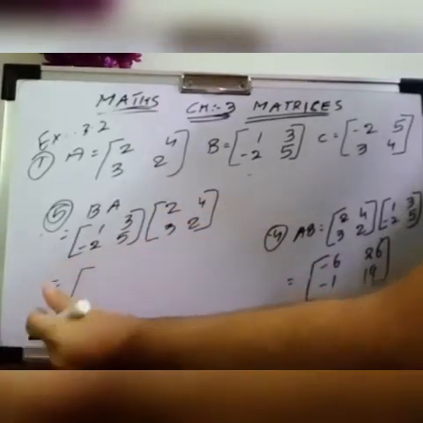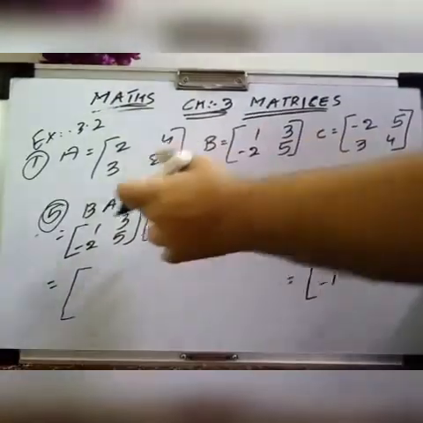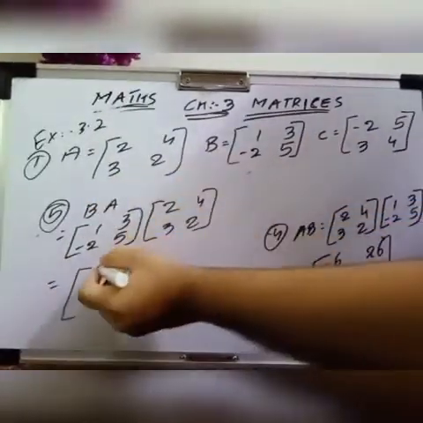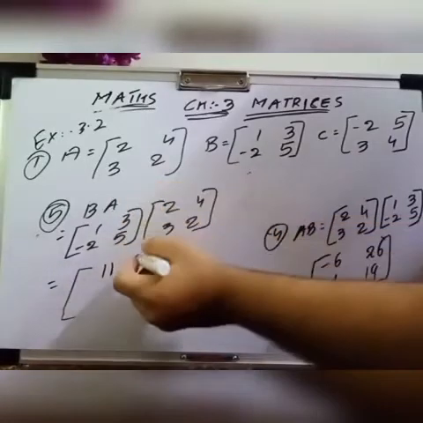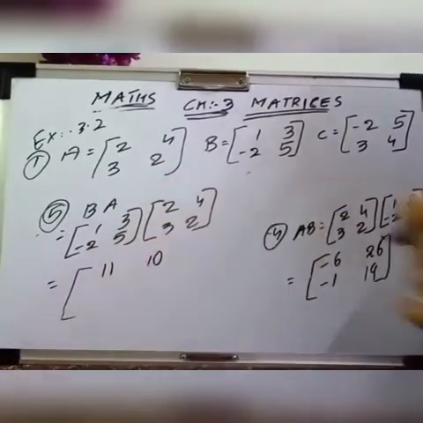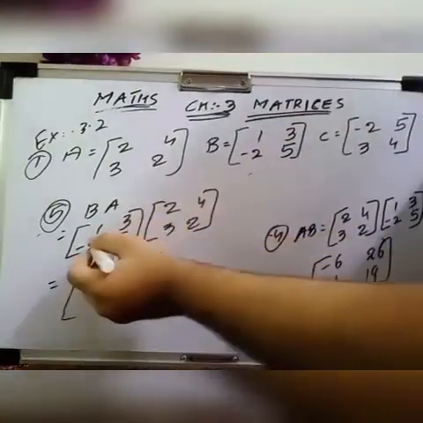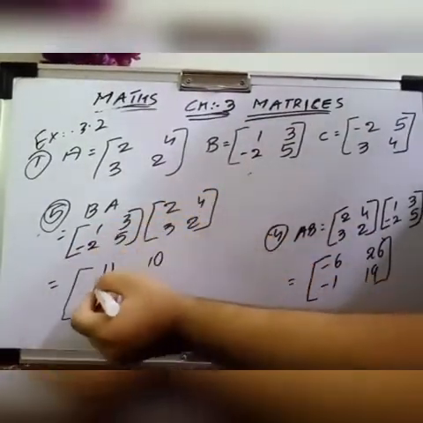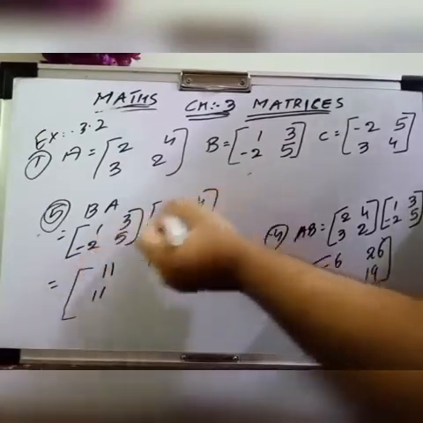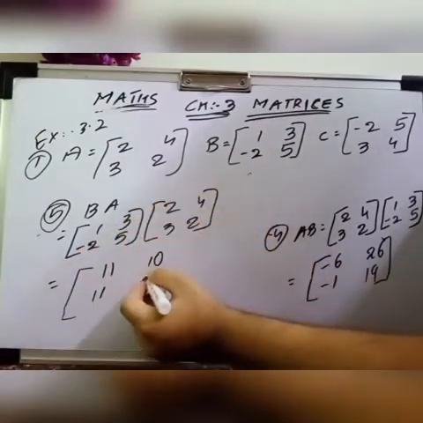Again the resultant will be a 2 cross 2 matrix. Row column 2 plus 9, 11, 4 plus 6, 10, minus 4 plus 15 will give me 11, minus 8 plus 10 will give me 2.